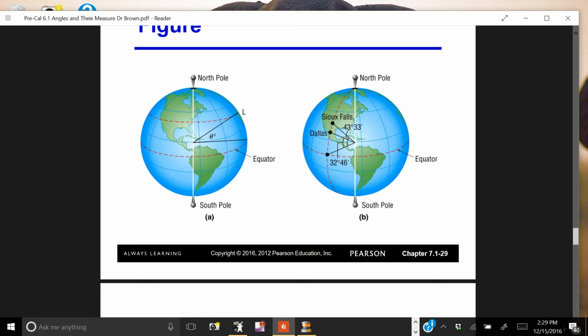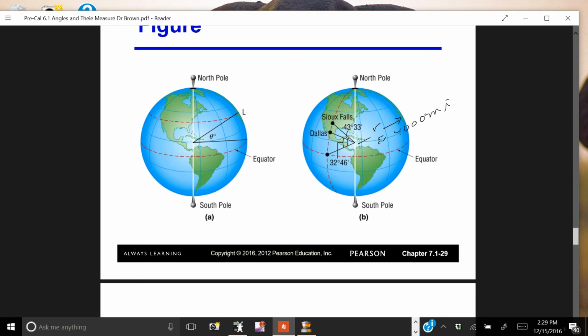Now, this is just an example of a picture of the globe, which the Earth is pretty much almost perfectly round and has a radius of about 4,000 miles.